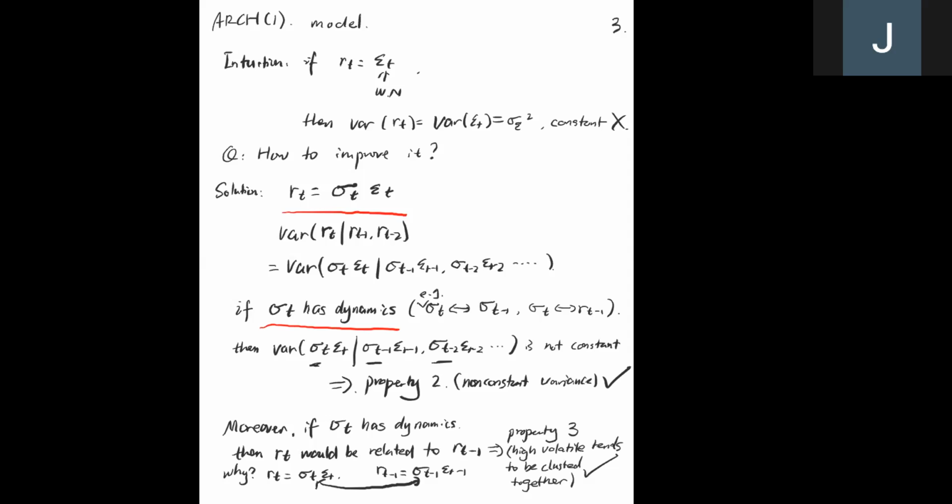So to make it more formal, I think now it's a good time to introduce the ARCH(1) model. So the ARCH(1) model is this. R_t is equal to sigma_t epsilon_t, and we will introduce some dynamics in this sigma_t.